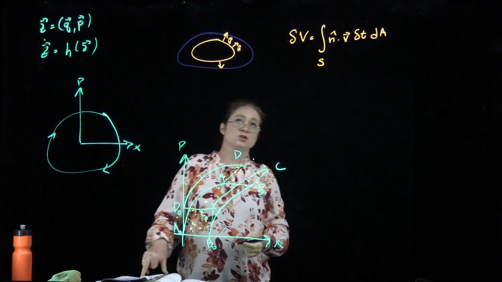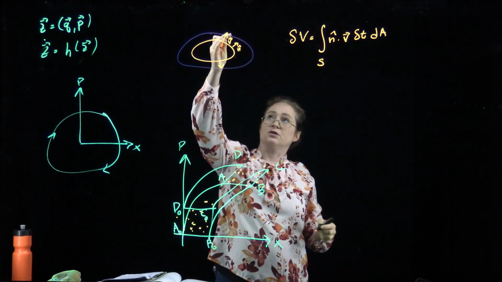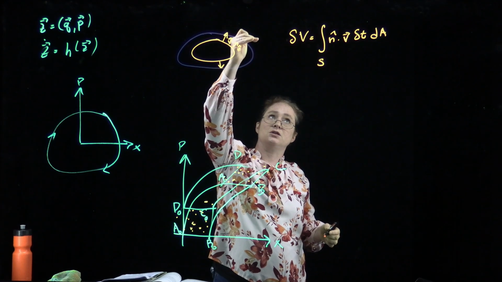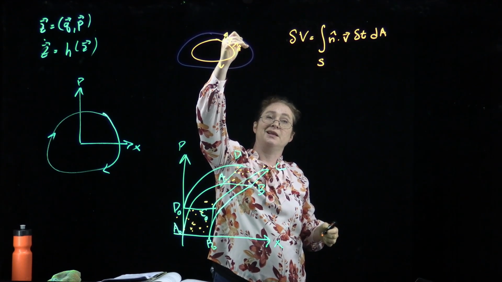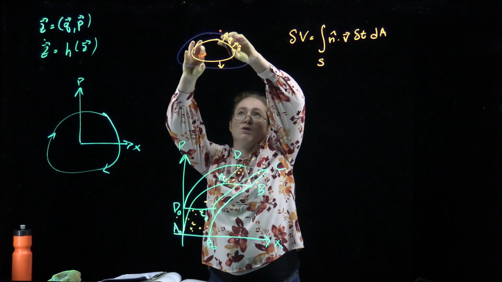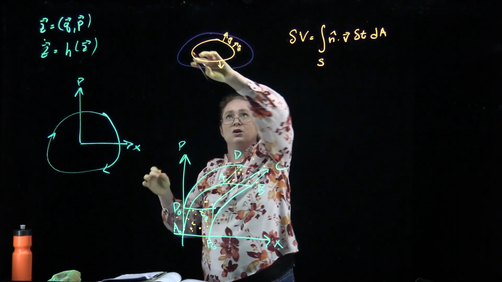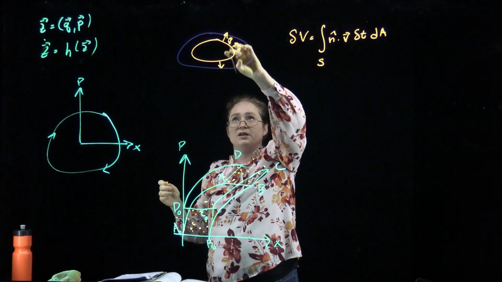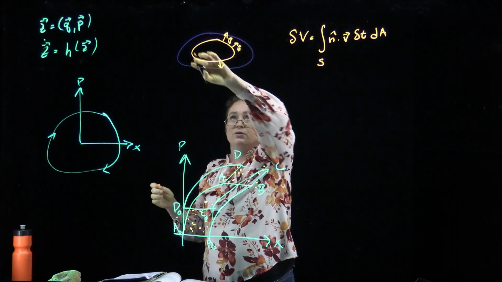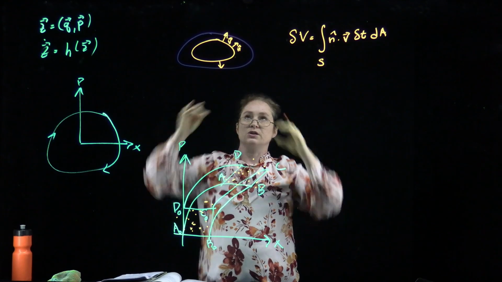So that's the change in volume. If the velocity is this way, you end up with slightly less change in volume. So if all that's going on is that the different phase space points are moving around on the surface, it doesn't change the volume.